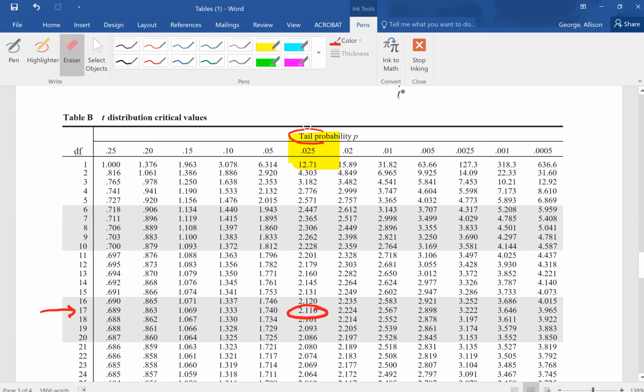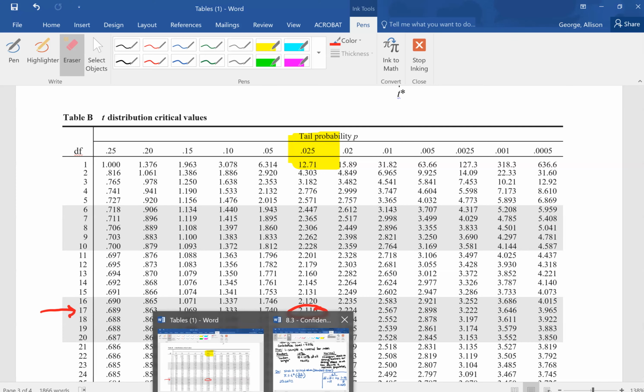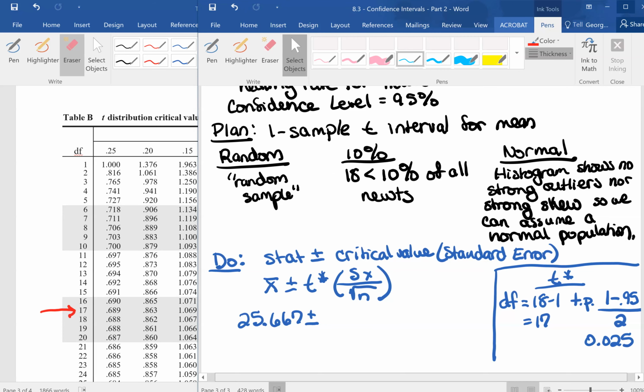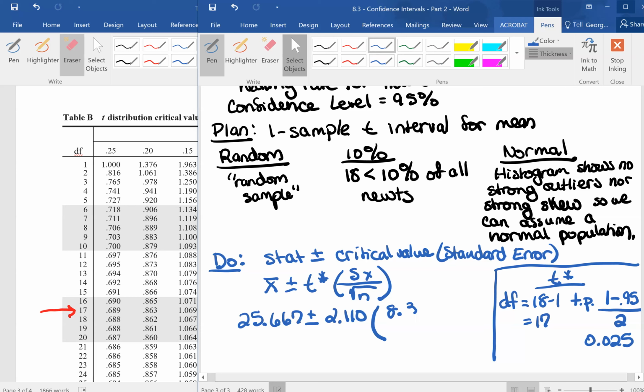So that's what we were looking for. Okay, so we can take that back over to our chart. We're going to multiply it times the standard deviation, which was 8.324, and divide it by the square root of our sample size.